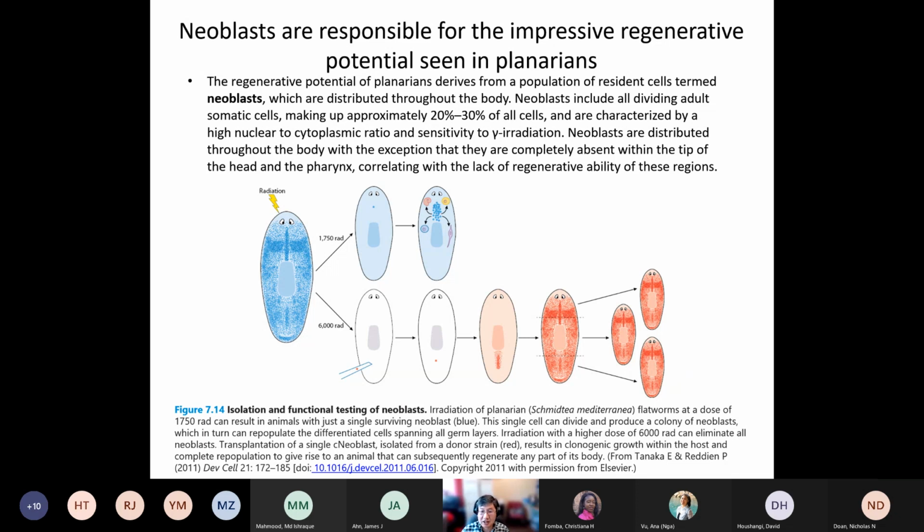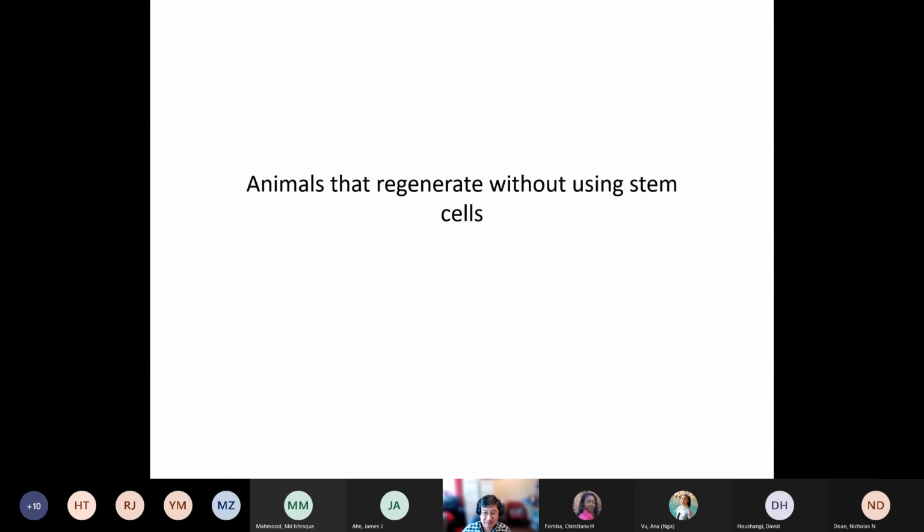They're closely related. Therefore, their gene expression is quite similar. Now you can appreciate the difference, right? If you compare this to humans, then we have thousands of genes expressed differently. It's going to be very difficult to find the true mechanism that drives the cells for their powerful regeneration.